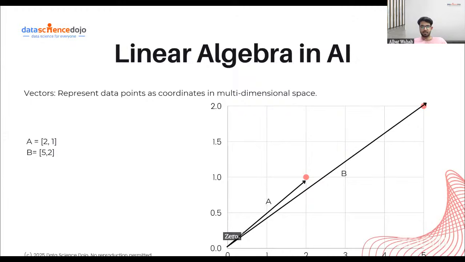And that's going to be your vector A. And then we have the second vector B, 5, 2, which is going from 0. That's your vector B. So basically, the goal of vectors is to represent your data points in dimensional space.